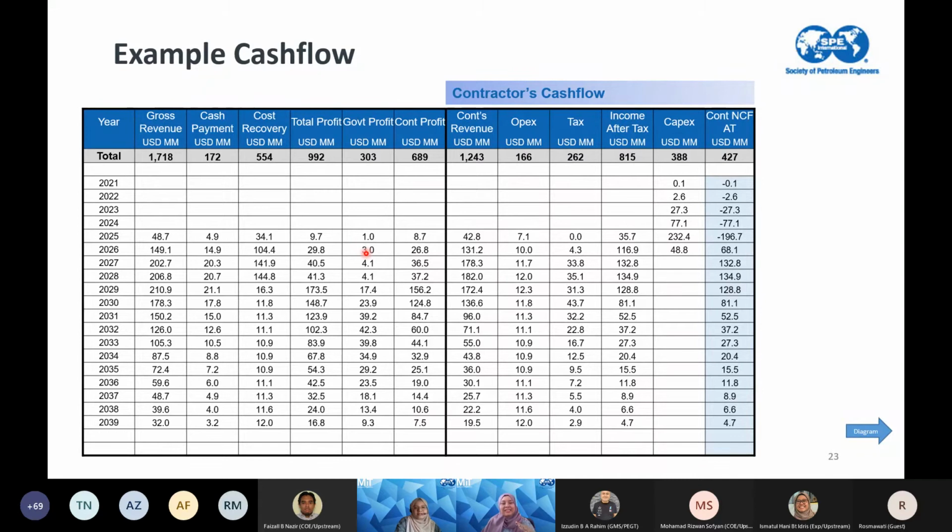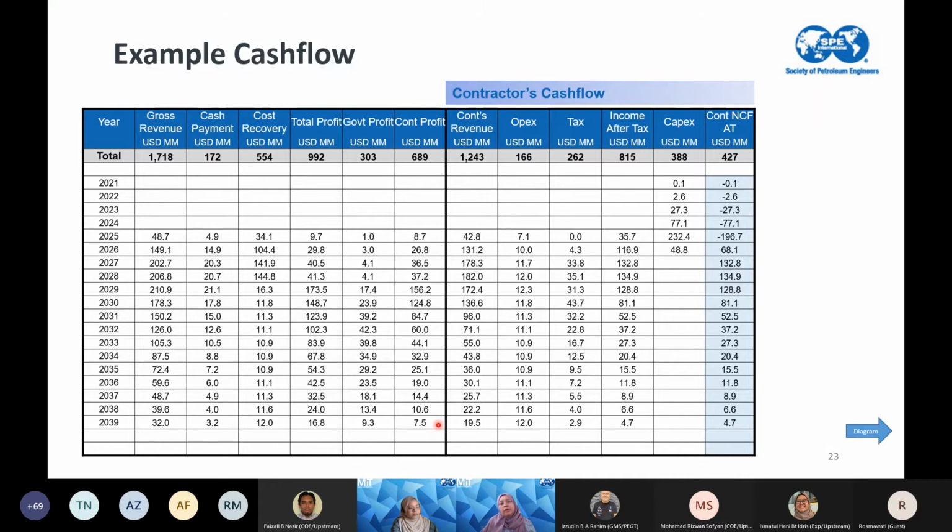I've calculated this such that if the PI is less than 1, the contractor takes 90% of it. You can take a look here: the total profit is, say, 10, and the contractor takes 9, and the government takes 1. So that's 90%. Towards the tail end, that's not the case anymore. I think this is closer to a 45 or 50% split.